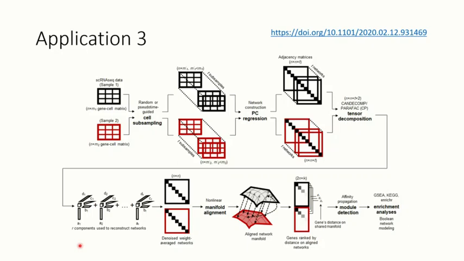And for each subsampled data, we create a gene regulatory network. It depends on how many genes you have. In this case, you have n by n genes. And because we subsampled t times, you have n by n by t. So this will be a tensor structure.